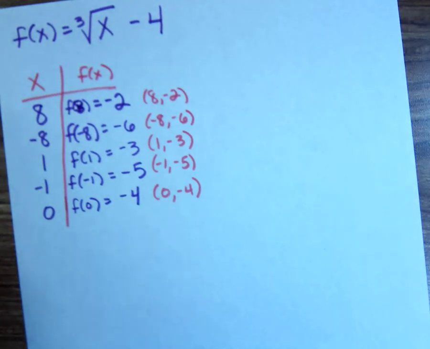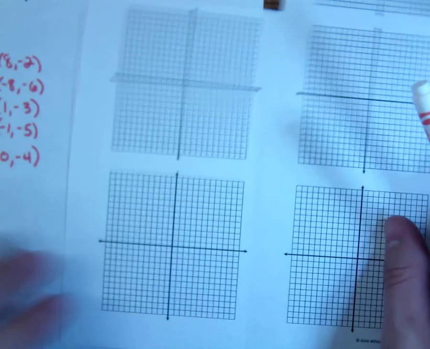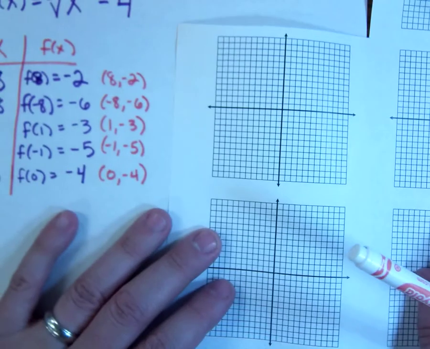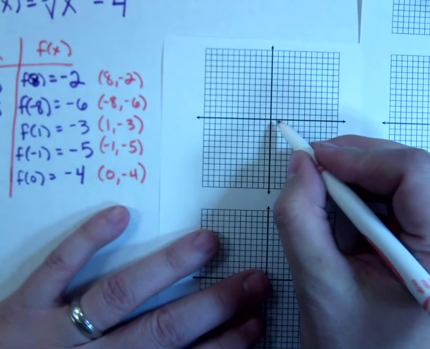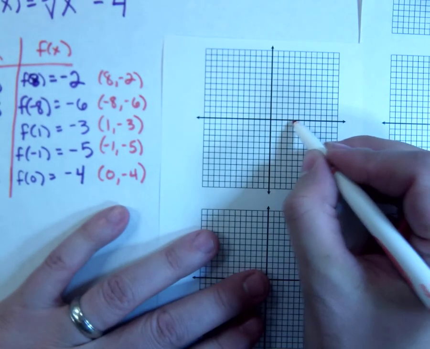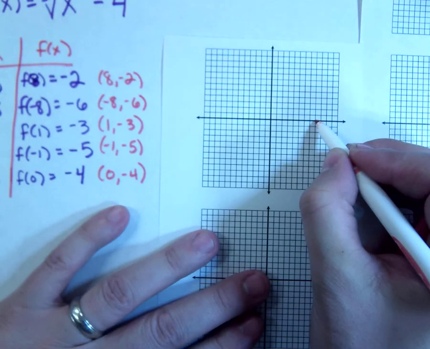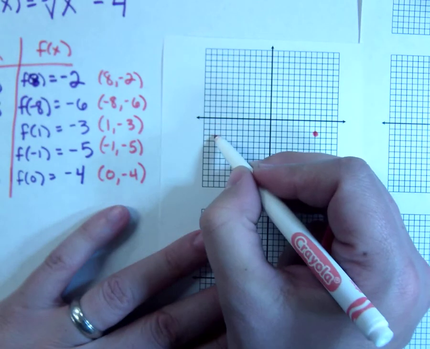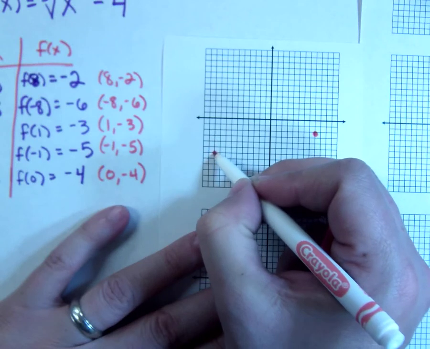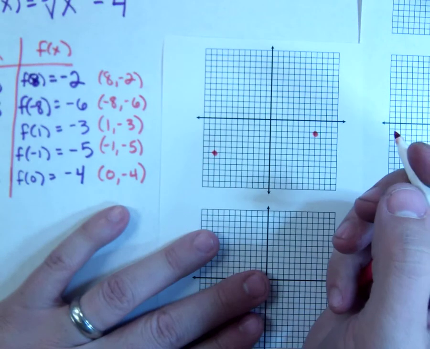So on my graph, let's put them points. 8, there's 8, -2. There's -8, -6. Great.